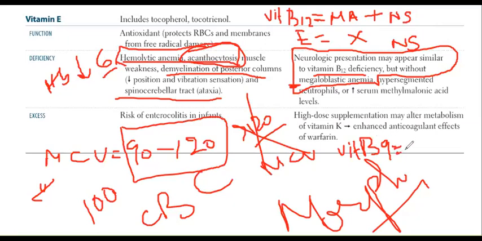Now you have this picture: B12 with megaloblastic anemia and neurologic symptoms, E with no megaloblastic anemia but hemolytic anemia and neurologic symptoms, but B9 only megaloblastic and no neurologic symptoms. This is your differential diagnosis, and these are your MCQs.